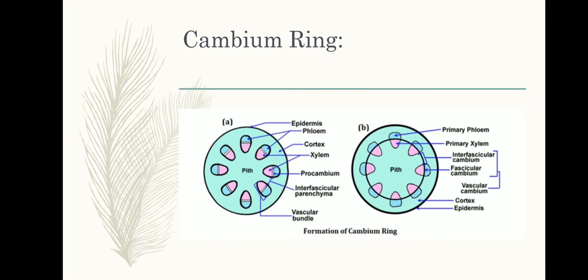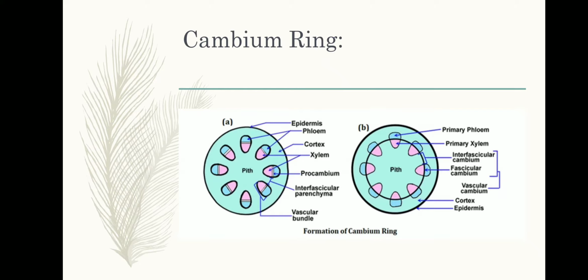If we talk about the secondary growth meristems, obviously the growth is due to the activity of the meristematic cells. The secondary meristem increases the diameter of plant, and when the plant increases in its diameter, it is called the secondary growth.